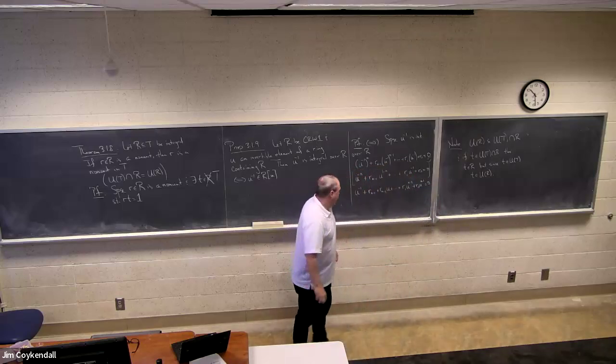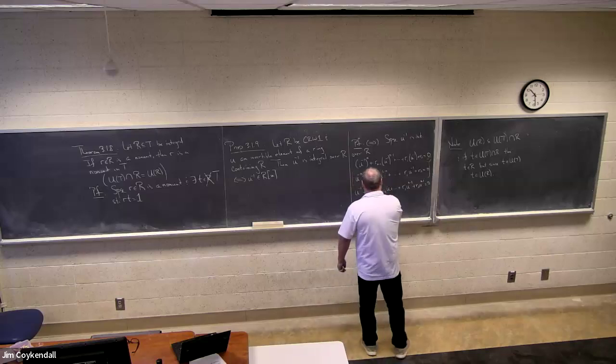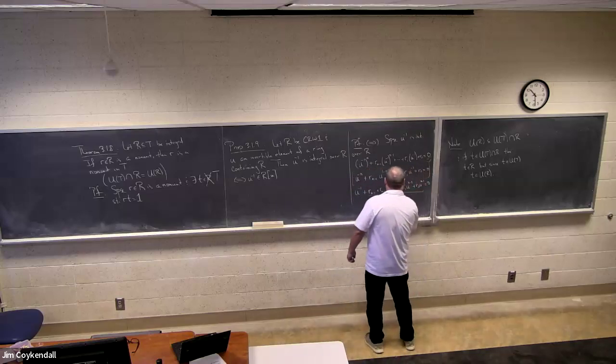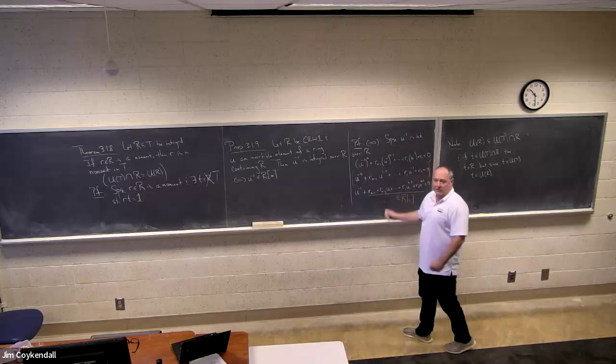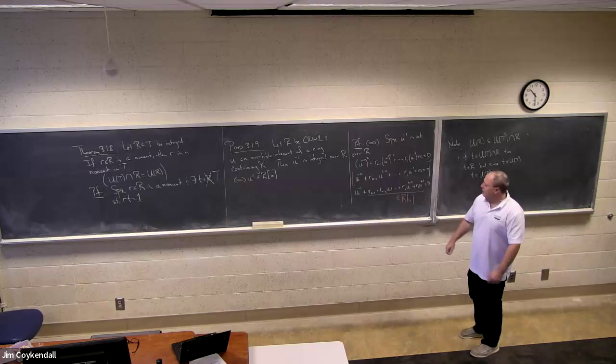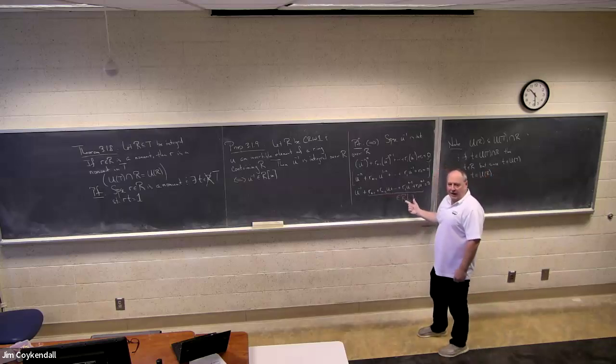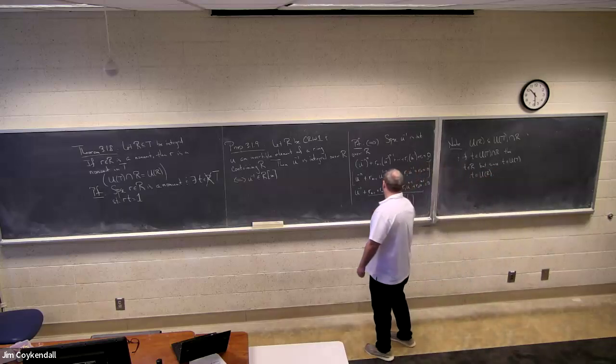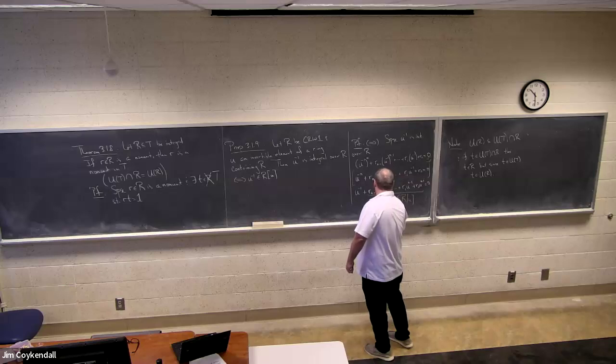Right? And this chunk right here is then in R[u], because it's polynomial in u, if you will. So take this over to the other side and you get u inverse is in R[u].